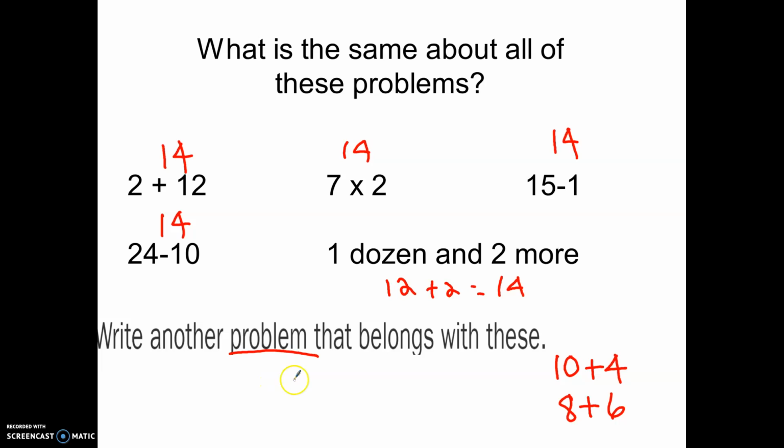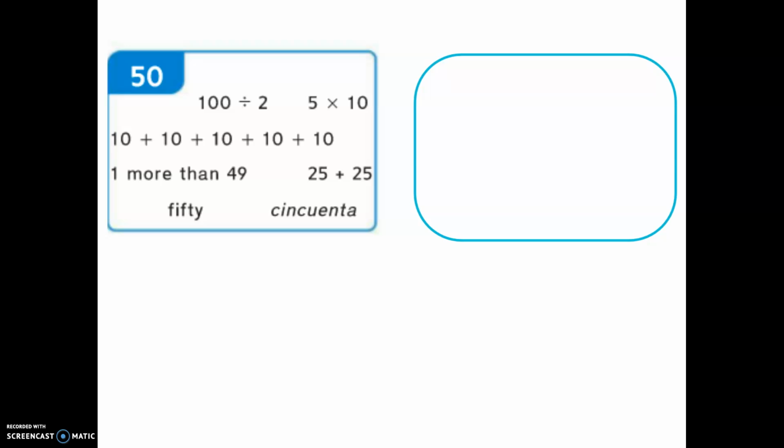I could go 1, 2, 3, 4, 5, 6, 7, 8, 9, 10, 11, 12, 13, 14. I can show it using tallies. So what we're working on this lesson, we are going to work on something that we call a name collection box.